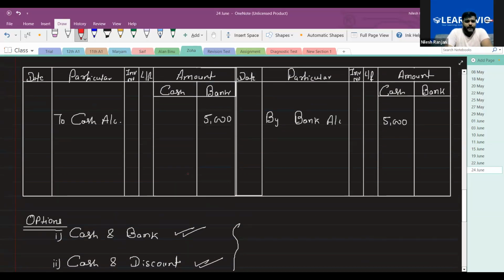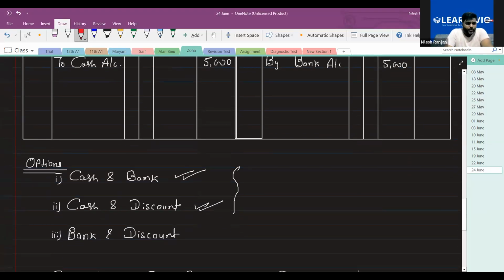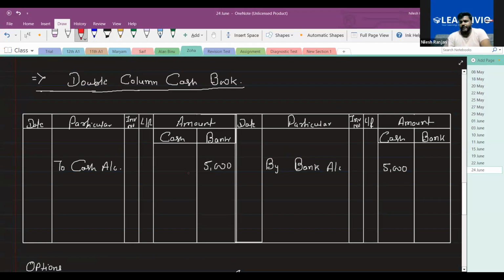Okay. So this is our contra entry. Please write this, the format, then the options, all these things. Okay, just give me a second. So I will share single column cash book homework today, but try to solve this one because in the next class we have to do double column. So it will be better if you have solved single column first.